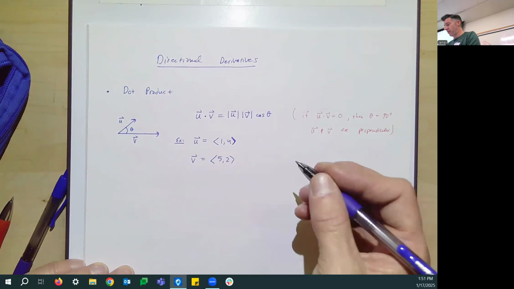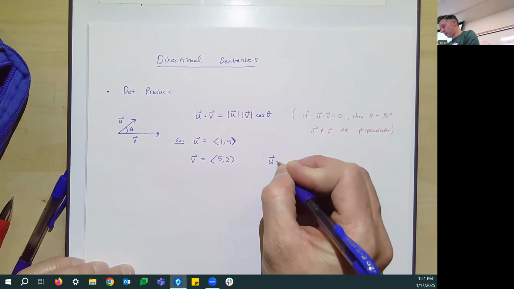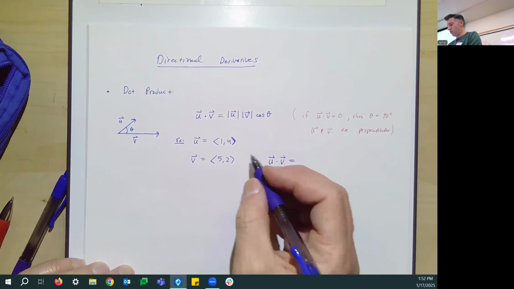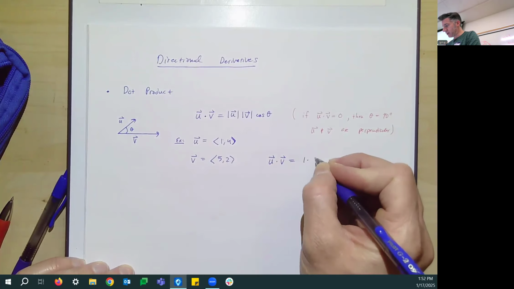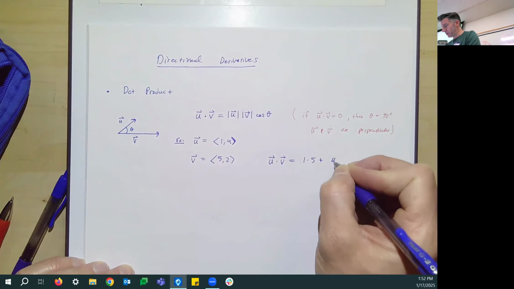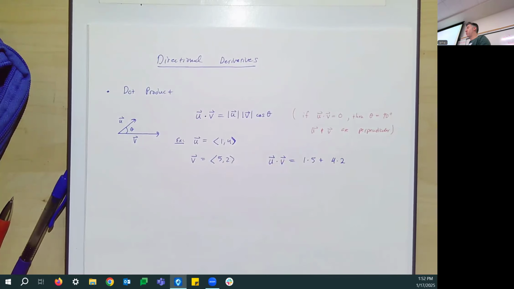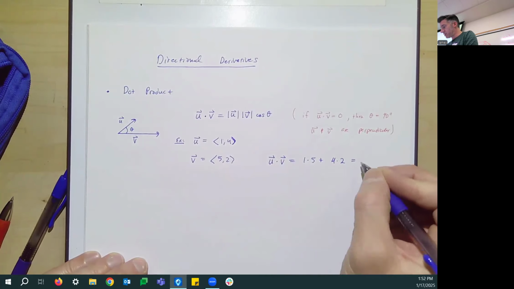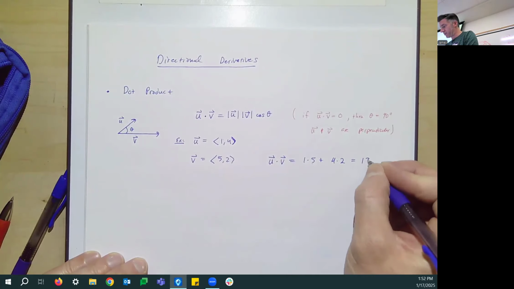The way you actually want to find the dot product is u dotted with v is equal to 1 times 5 plus 4 times 2. You multiply the corresponding components together and add up all the results to get the scalar 5 plus 8, which is 13.